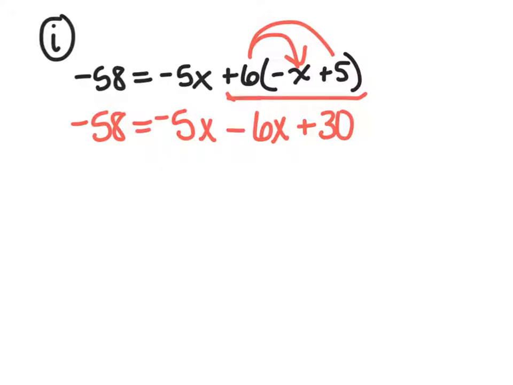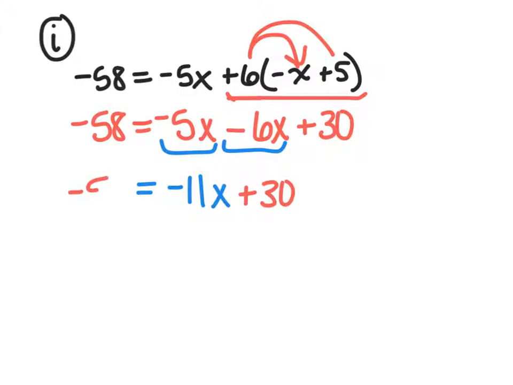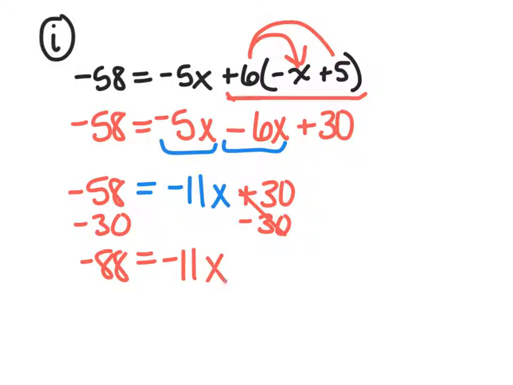Okay, now I'm at a point where I can combine like terms. I see a negative 5x and a negative 6x. That makes negative 11x. And then I have plus 30, and on the left I have negative 58. Alright, now I am going to subtract 30 from both sides so that I isolate my x's, and a negative 58 minus 30 is negative 88, and I still have negative 11x over on the right.